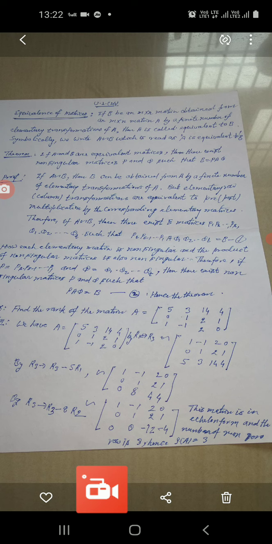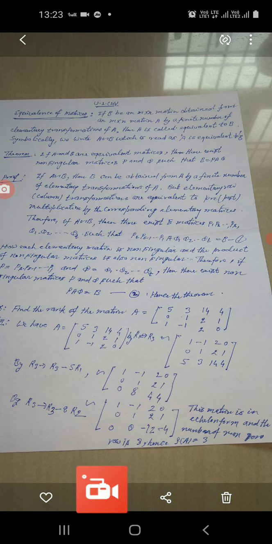But elementary row or column transformations are equivalent to pre or post multiplication by the corresponding elementary matrices. Therefore, if A is equivalent to B, then there exist elementary matrices P1, P2 up to PS, Q1, Q2 up to QT such that PS into PS minus 1 and so on, P1 into A into Q1, Q2 and so on, QT is equal to B, and let it be equation number 1.